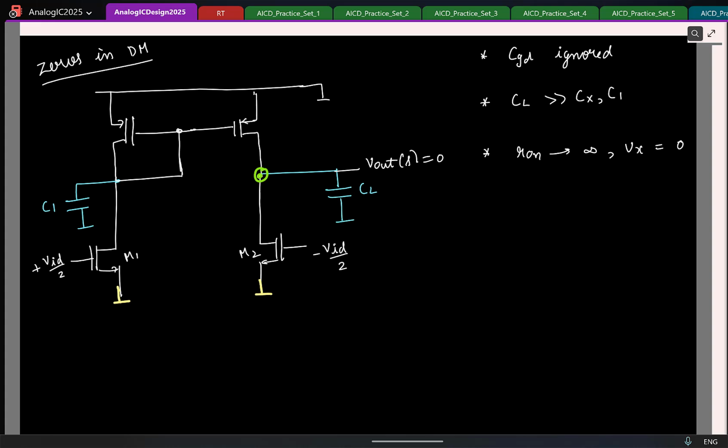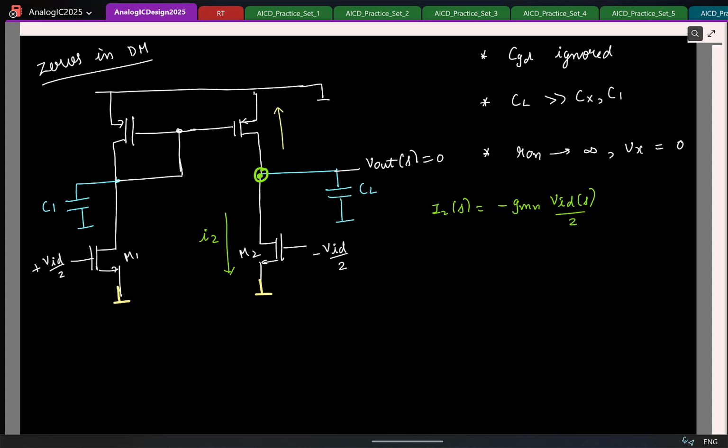So what is the small signal current flowing in this direction? Gm or minus Gm? Yeah, so let me write it as I2. So I2 of S is minus Gmn times Vid of S by 2. Correct? So the sum of this current and the current flowing through the PMOS transistor must be equal to 0.